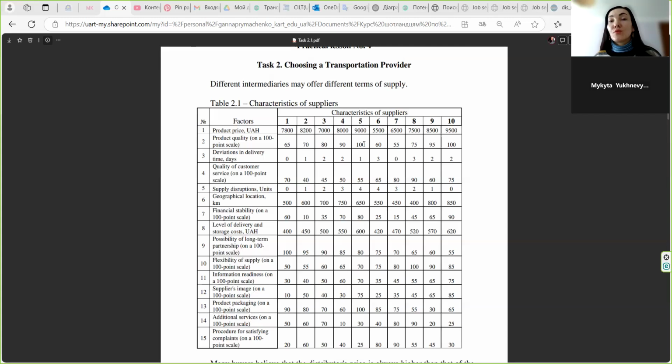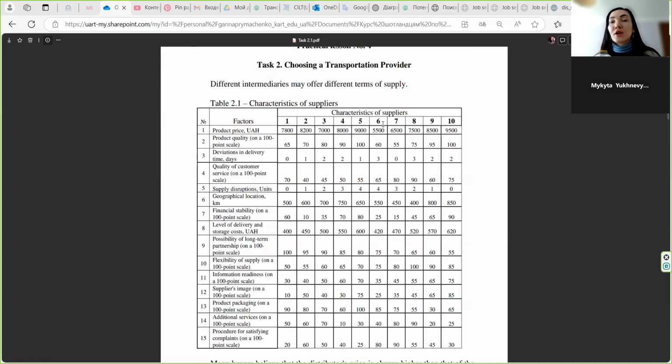The best position we put 1. The other positions we put 2, 3, 4, 5, up to 10. So we find that the best price for us is from supplier 6, and we put here 1 in our table, in our documents, or in our paper list.